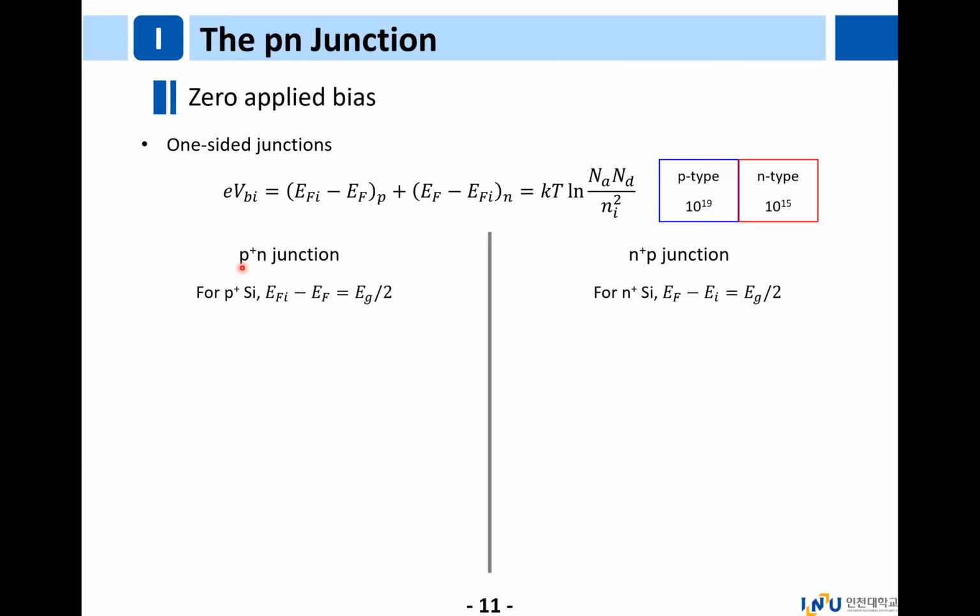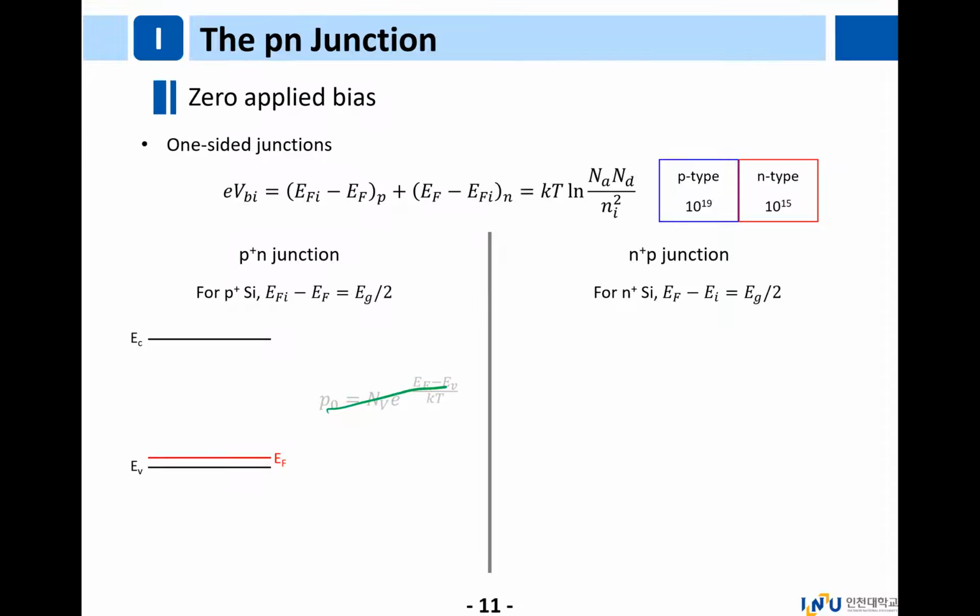If you have created the P plus N junction, the p-type semiconductor being a degenerate semiconductor would mean that the Fermi level is almost at the valence band level. So in this scenario, since the Boltzmann approximation cannot be applied, the previous formula cannot be used. So how can we determine the band bending on the p-type side?